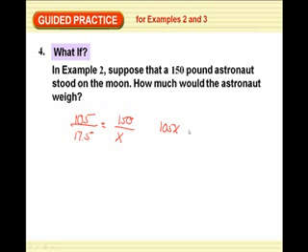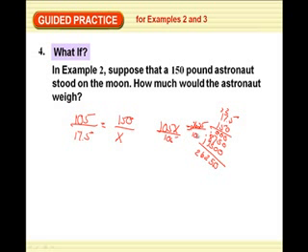So 105x equals 17.5 times 150. That's going to be 2625 divided by 105, and I say you could use a calculator to solve that one.